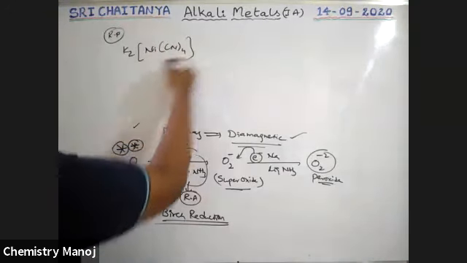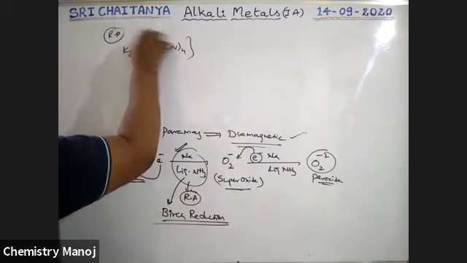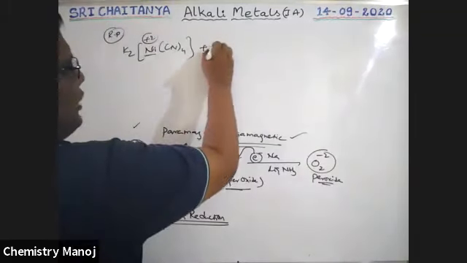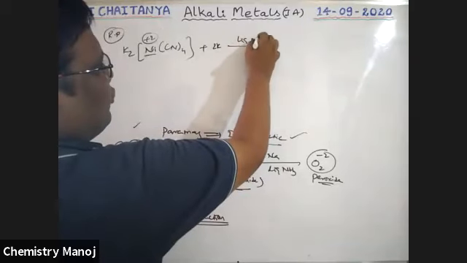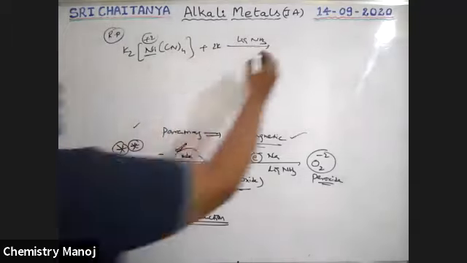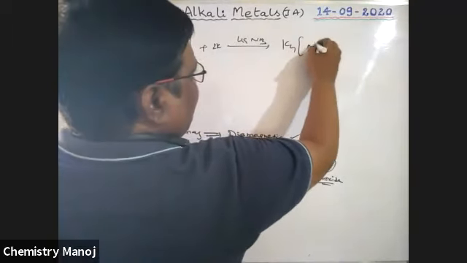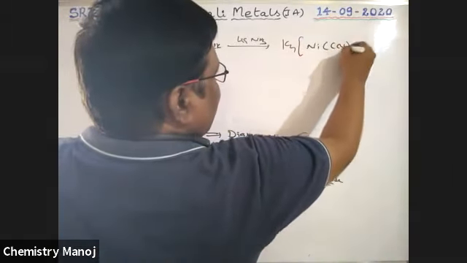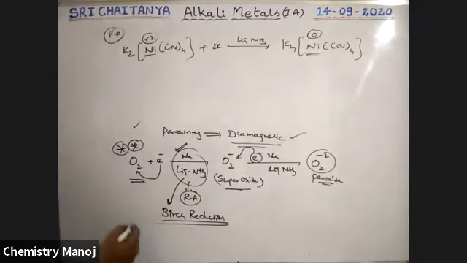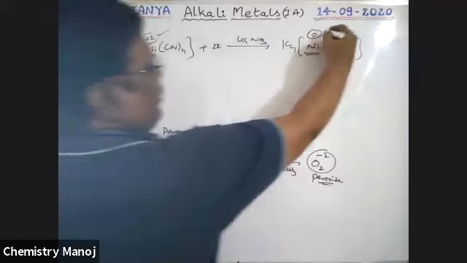K2[Ni(CN)4]. Here nickel is in the +2 oxidation state, boys. When it reacts with potassium in the presence of liquid ammonia, it converts into K4[Ni(CN)4]. Here nickel is in oxidation state 0. So here nickel is +2, and here it is 0.